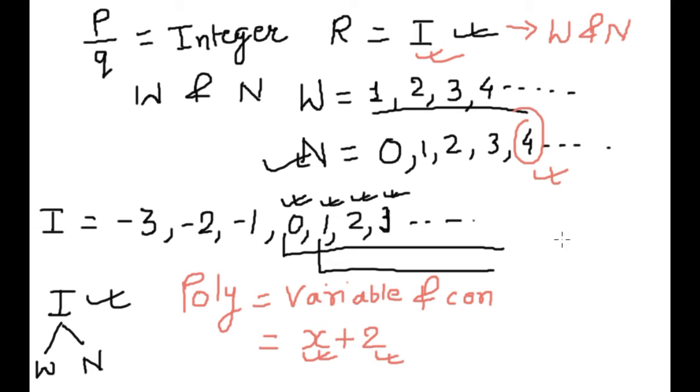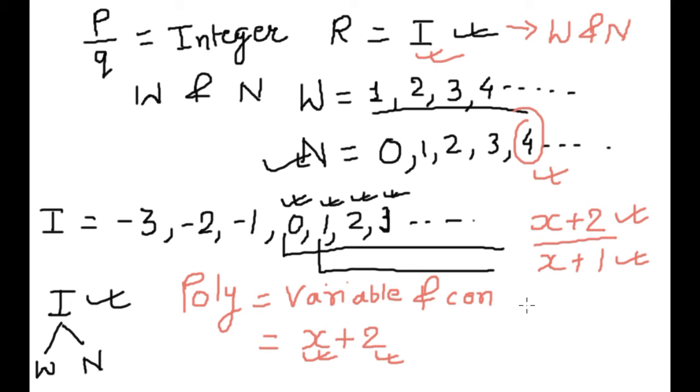So these kind of numbers, I can say x plus 2 divided by x plus 1 is also a rational number, because it is in the form of p by q and both are integers.